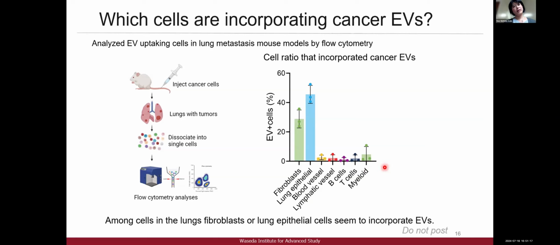Only about 3% are positive for cancer-derived EVs. So this result explicitly shows that EV uptake happens preferentially among different cell types, and EVs definitely have a specific preference for incorporating into fibroblasts or lung epithelial cells.